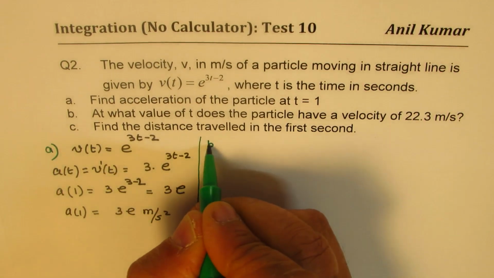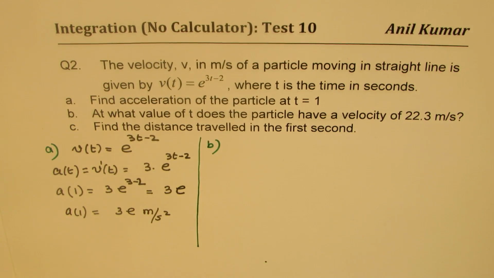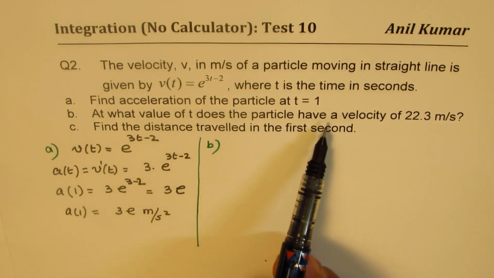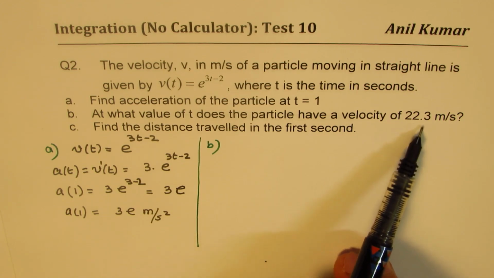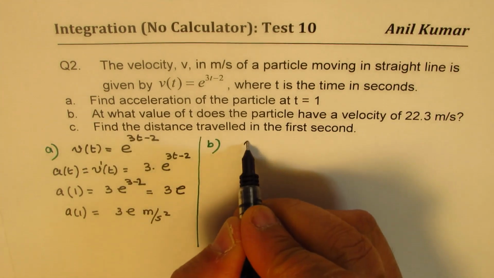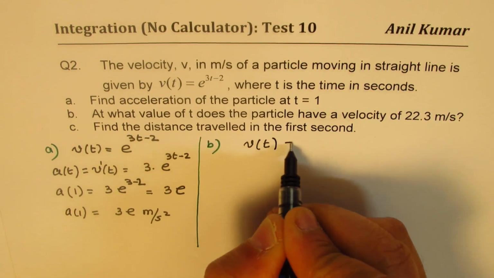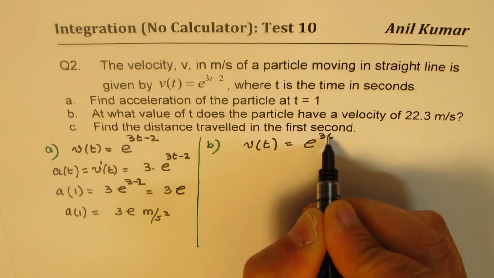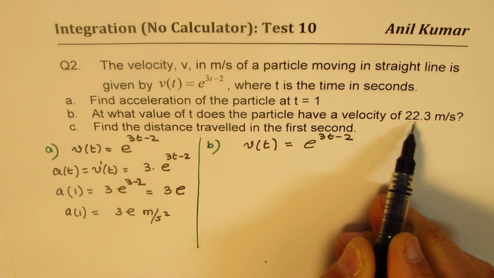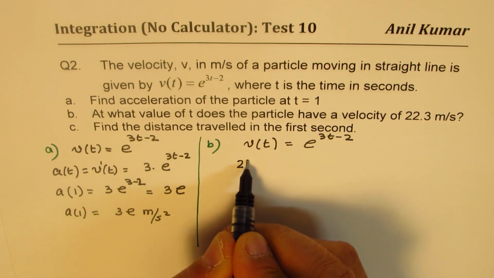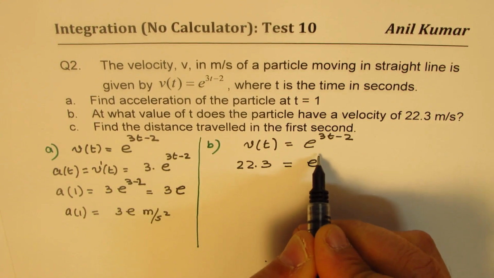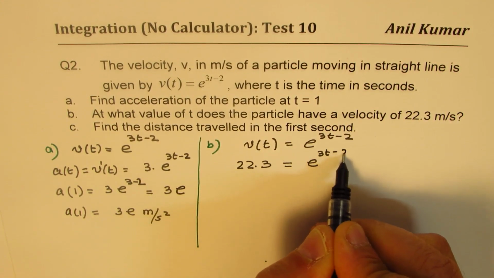Now let's look into part B of this. It says, at what value of t does the particle have the velocity of 22.3? Well, we will now work with the velocity function as such. We have velocity as e to the power of 3t minus 2. We have been given velocity of 22.3. That should be equal to e to the power of 3t minus 2.